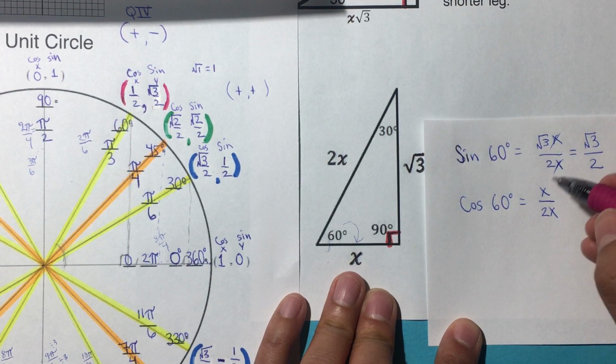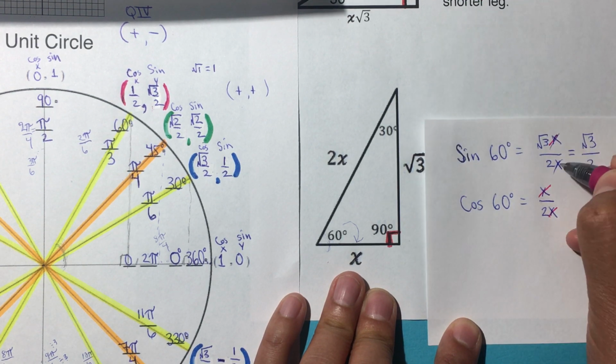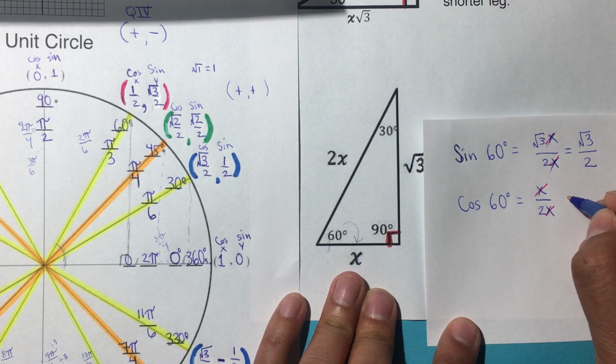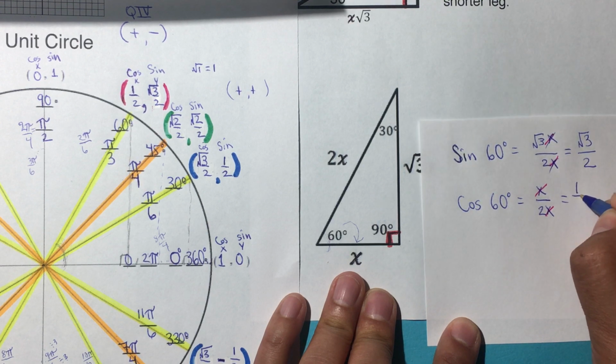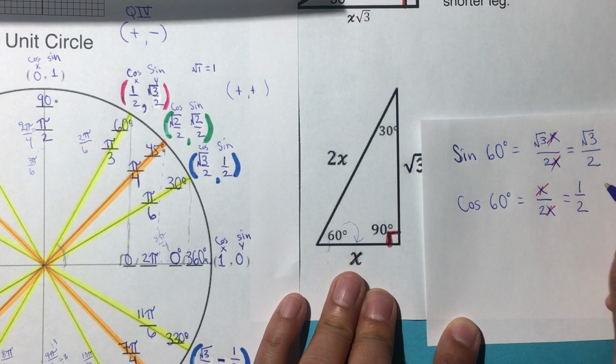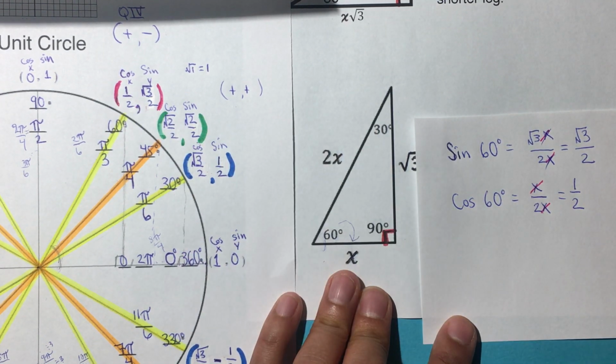The x cancels. And so you have 1, because x divided by x is 1, and you just bring over the 2. So 1/2. That's where that 1/2 comes from.